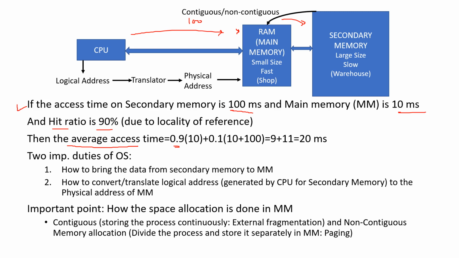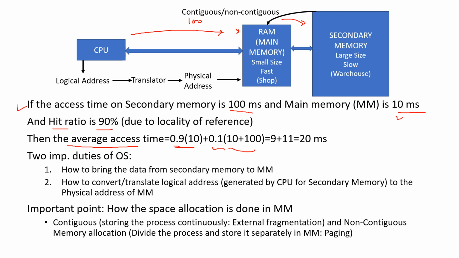What is RAM? RAM is the main memory, right? So what is the access time given for RAM? 10 milliseconds. So 0.9 into 10. Now why have we taken this 10 again? 10 times out of 100, the CPU is not finding a match in main memory.